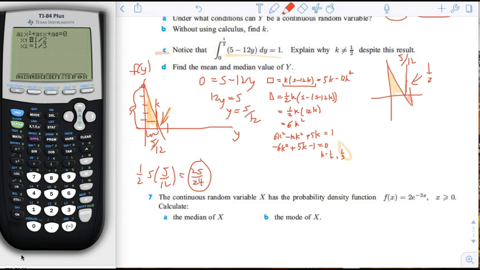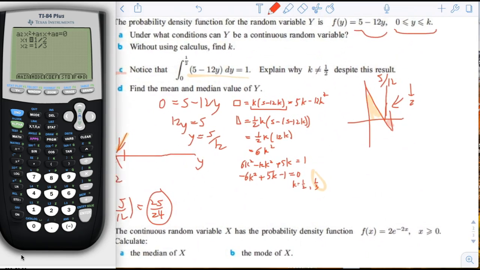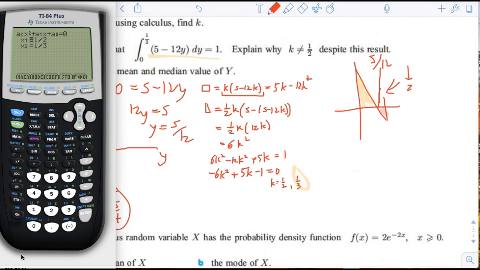Find the mean and median value of y. Okay, so if we're going to find the mean and median value of y, I think now they want us to use calculus. So now we're going to use an integral, and to find the mean, we're going to use 0 to 1/3, and we're going to put 5 minus 12y, and we're going to multiply it also times y because we're going to find the mean, and then we'll see what that is equal to.